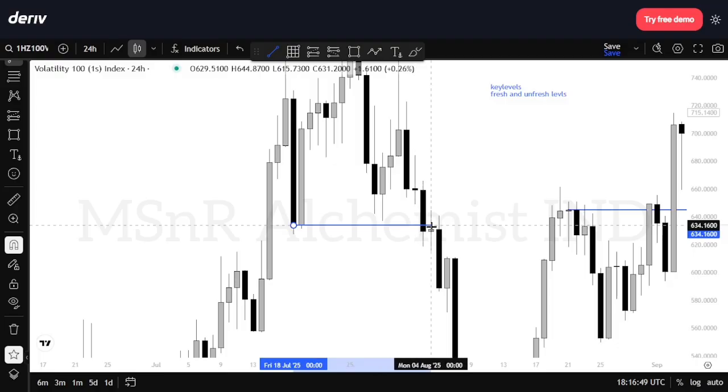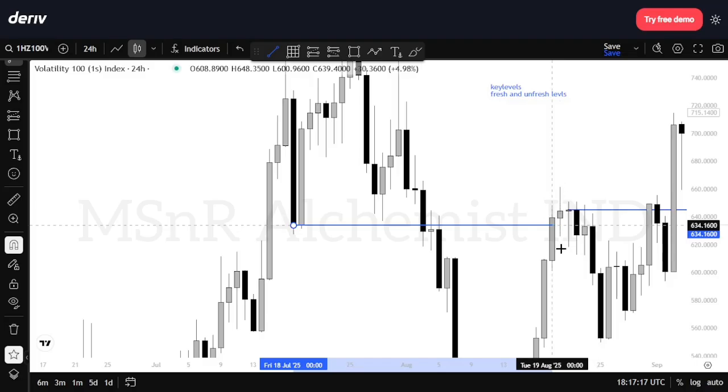We touched here and take entry right here, watching for any trade confirmation, and in the second candle it also touches. So we are not going to enter here because it is already unfresh. Again it broke, again a big break by this candle, and this candle touched it. If we get any confirmation we can trade here.